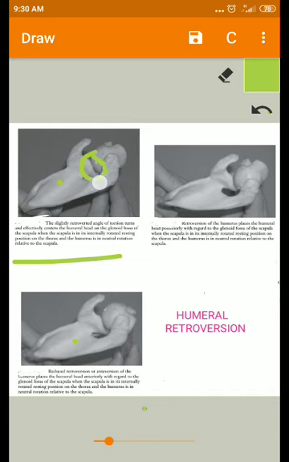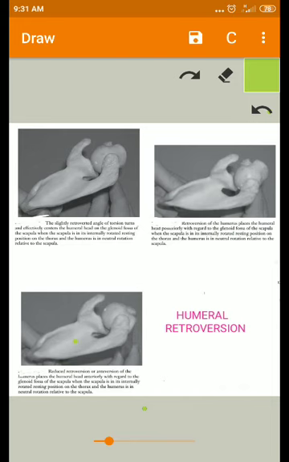That means it increases the congruency of these two articular surfaces.